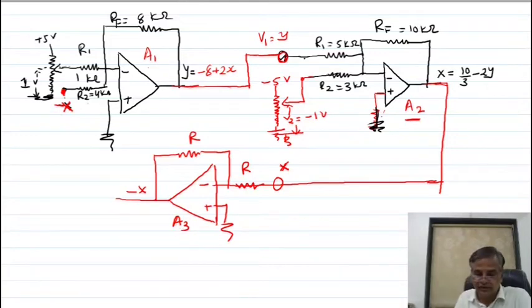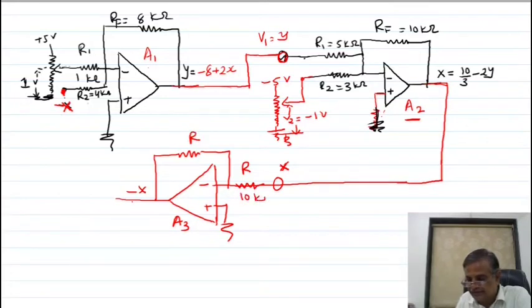So what we did, look again: from this op-amp A2, we have got X. X is given to the inverter, so the inverter's output is minus X. R and R are the same value, you can take 10K, it does not matter.